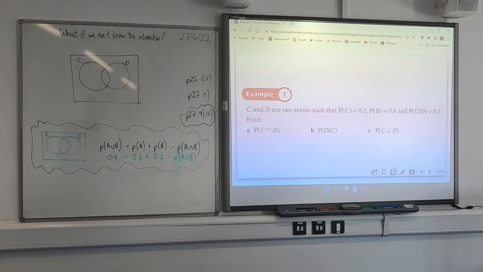I'm a little bit at a loss. I could write in 0.2 and 0.6, but I'd only have to rub them out because it might be wrong. There might be no overlaps, they might be mutually exclusive.